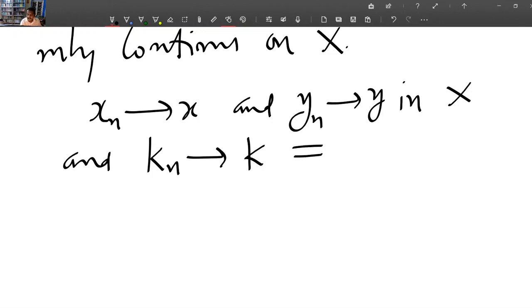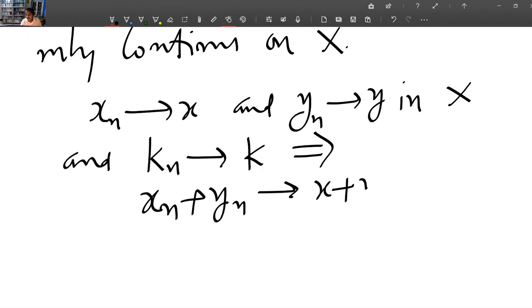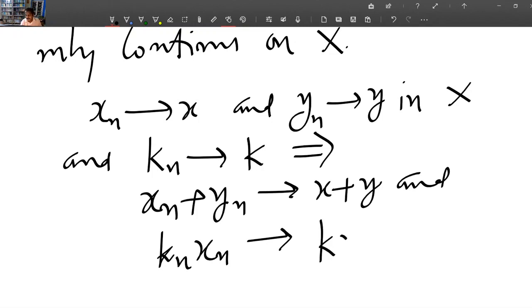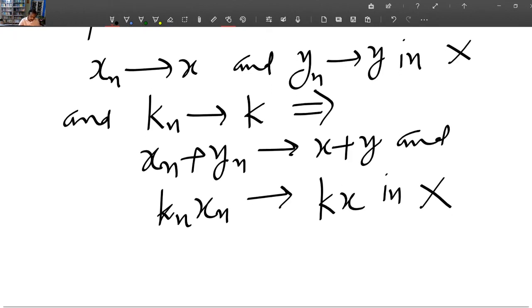This will imply that xn plus yn converges to x plus y, and kn xn converges to kx in X. This is usually referred to as the continuity of addition and scalar multiplication.